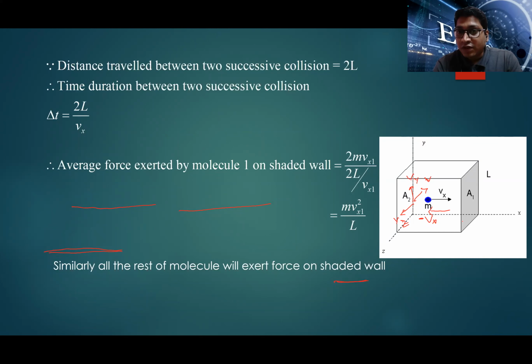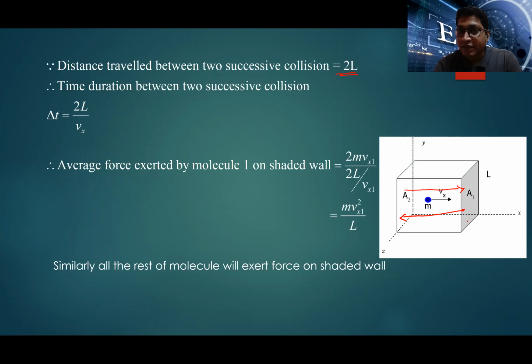So the path distance traveled by the gas molecule between two successive collisions, from A1 to A2 and A2 to A1, is equal to 2L.